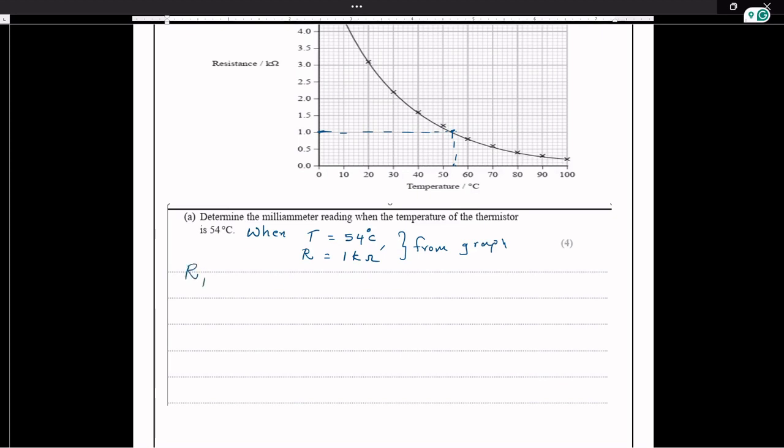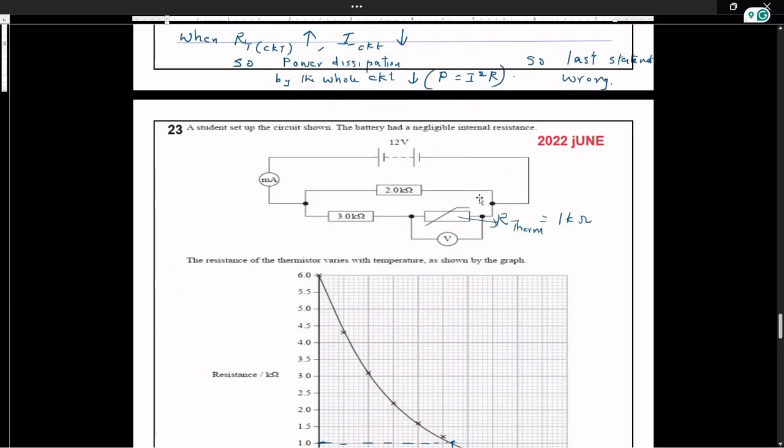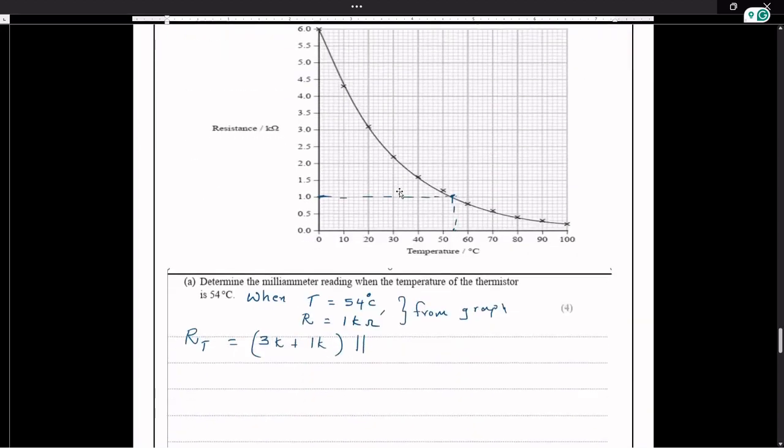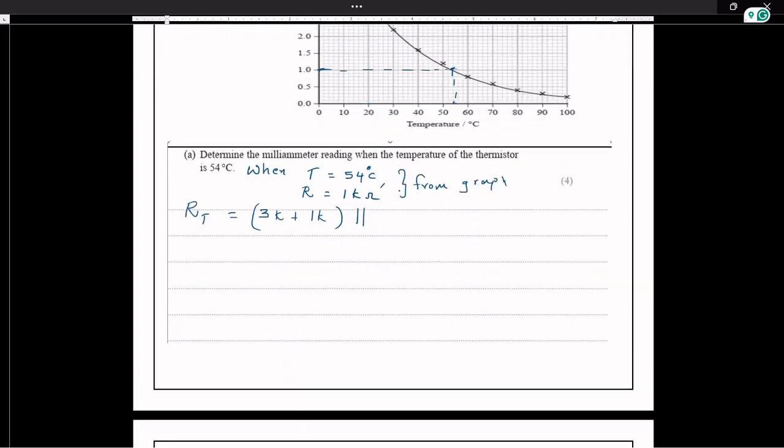So R total equals 3K plus 1K. They are in series. Parallel to that, there is a 2 kilo ohm resistor. So this will be 4K parallel 2K.